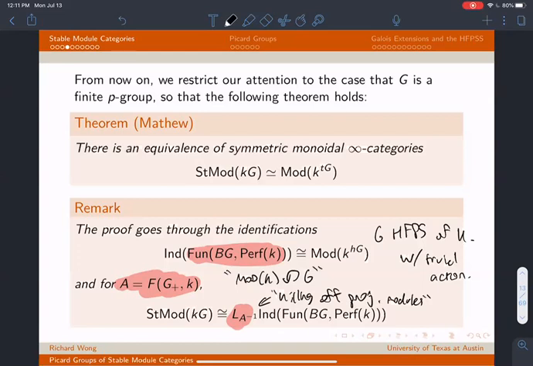And that's how you get this result. And it turns out this localization is the same thing as the Tate construction. So that's how you get this result of Achilles.